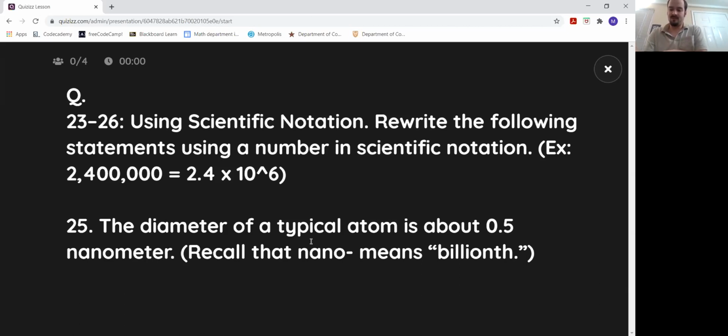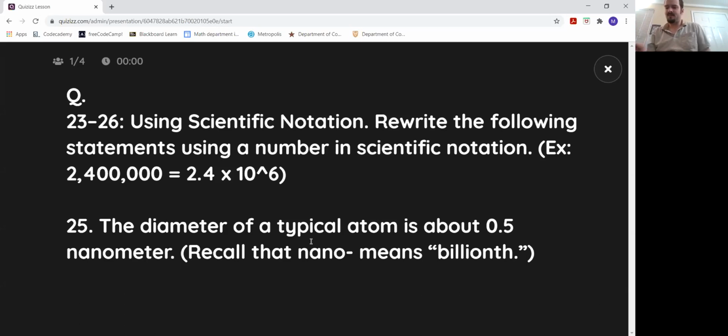Tenths, hundredths, thousandths, ten thousandths, millionths. What is that? 8 places?